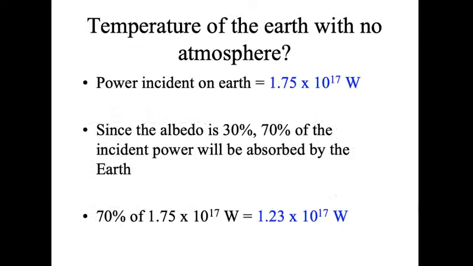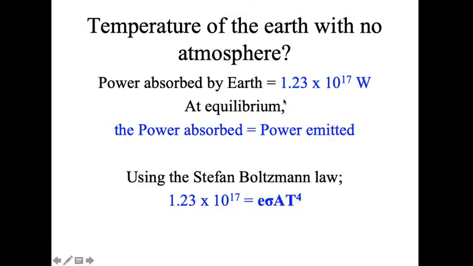So we're going to need to use Stefan Boltzmann and this idea of albedo. So 1.75 times 10 to the 17 watts. We're only absorbing 70% of that, so we'll need to multiply that by 0.7, giving us 1.23 times 10 to the 17, because we're reflecting 30% of that power incident on Earth.